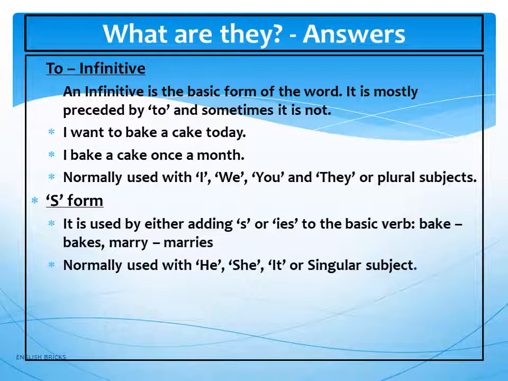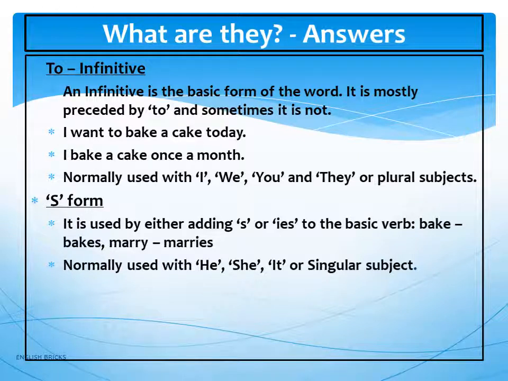What about the S form? It is used either by adding S or IES to the basic verb. See, bake, bakes are used, but for marry, marries, IES. Alright. Normally used with he, she, it or a singular subject. He marries, she marries, it marries.